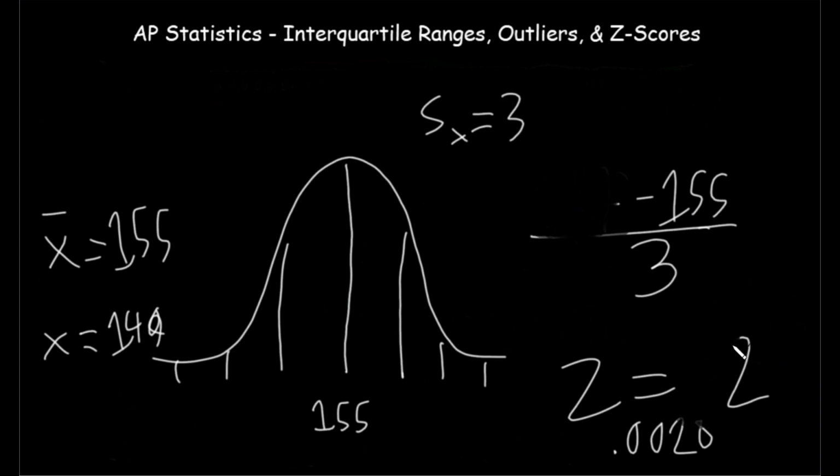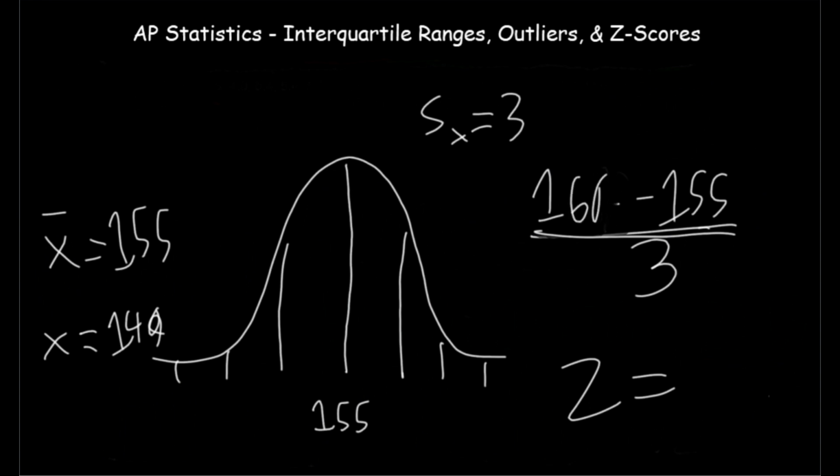But say we were looking for the z-score of about 160. So 5 divided by 3, you get 1.67 if we round it to the nearest hundredth.